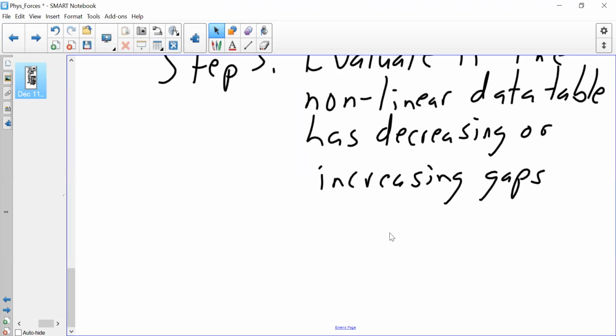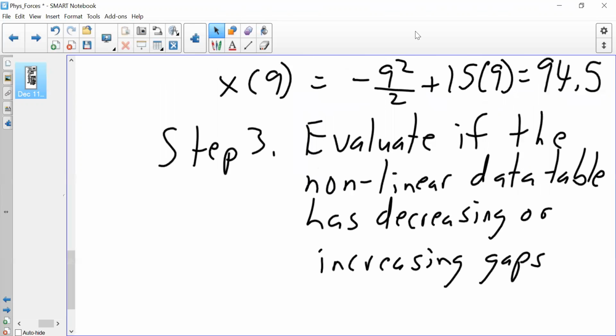All of this data will be nonlinear. We just have to evaluate if the gaps are decreasing or increasing.